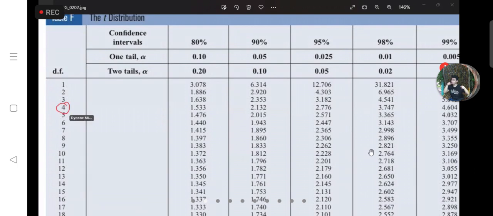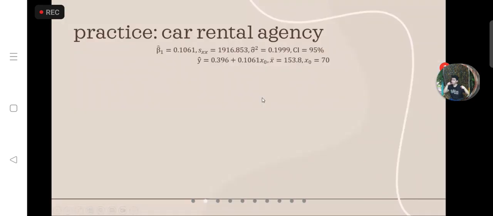Our confidence interval is 95%. Our value is then 2.776 for t. So, balik na sa ato ang PowerPoint. So, confidence interval, t is 2.776.